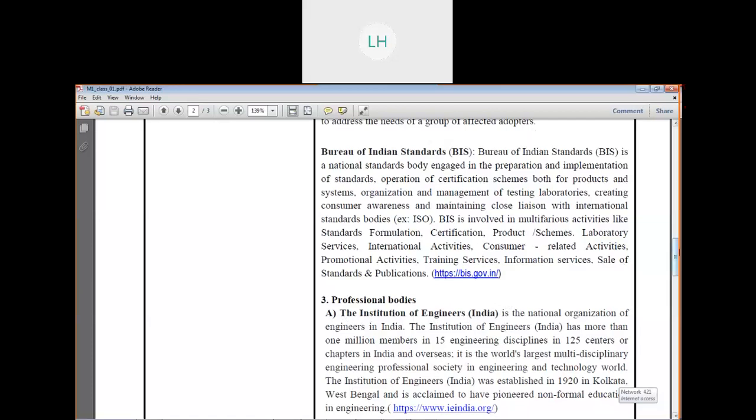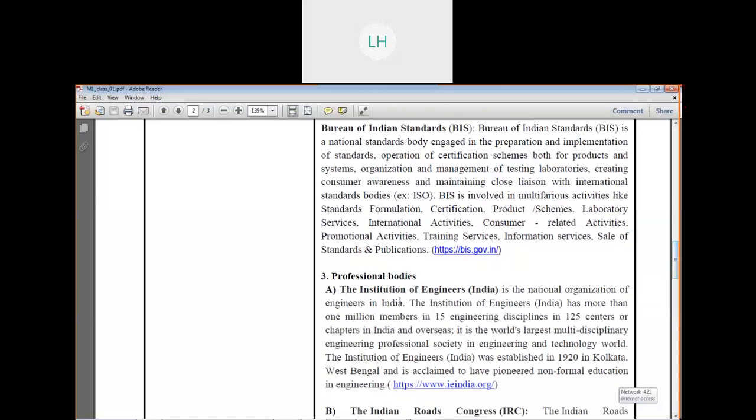Let me give you some introduction to this body. The Institution of Engineers India is a national organization of engineers in India. It's like a group of people who are professionals in engineering of different sectors. The Institution of Engineers has more than 1 million members in 15 engineering disciplines in 125 centers or chapters in India and overseas.